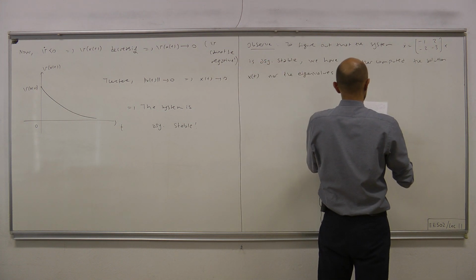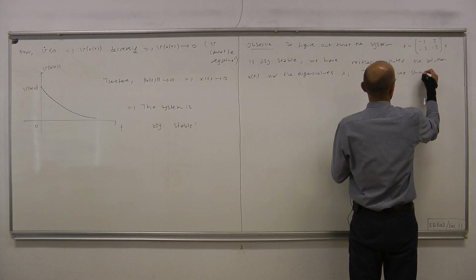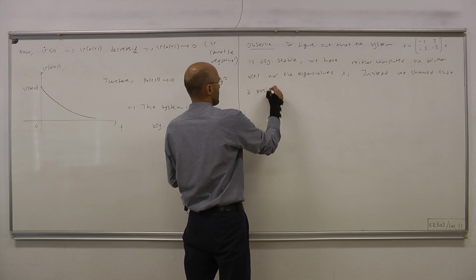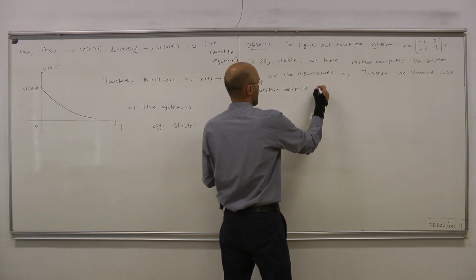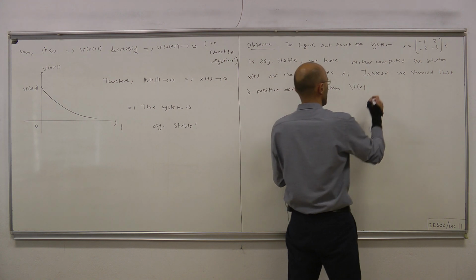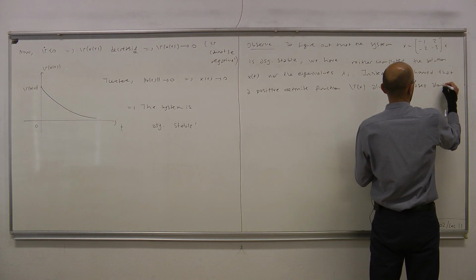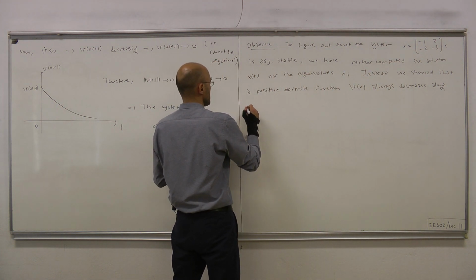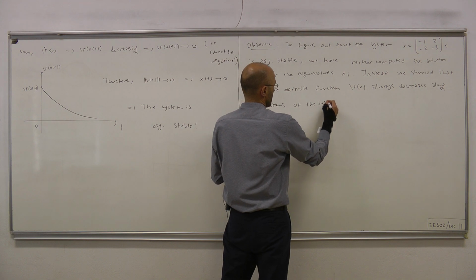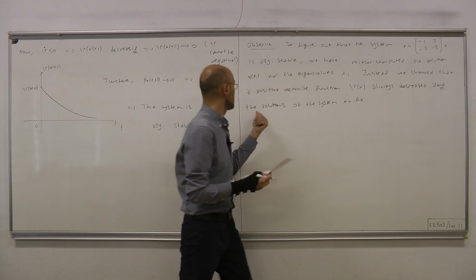Instead, we showed that a positive definite function of the state, v of x, always decreases along the solutions of the system x dot equals Ax.